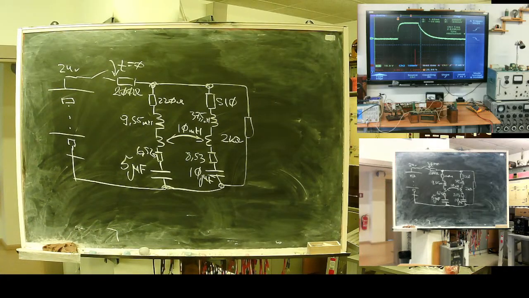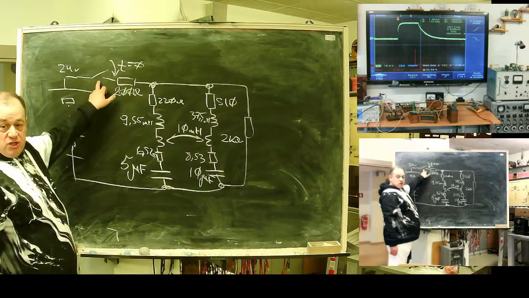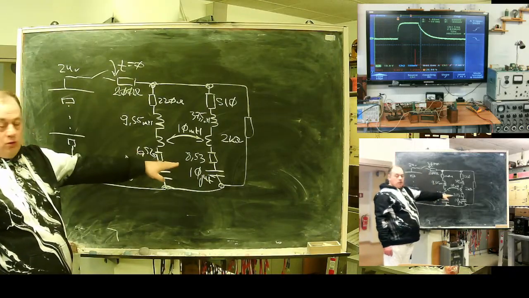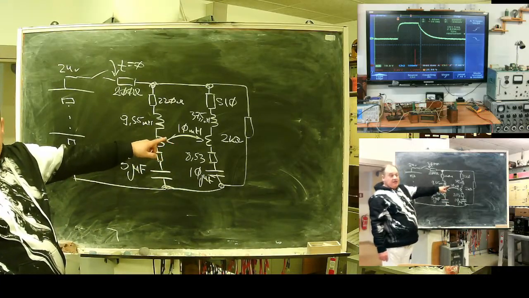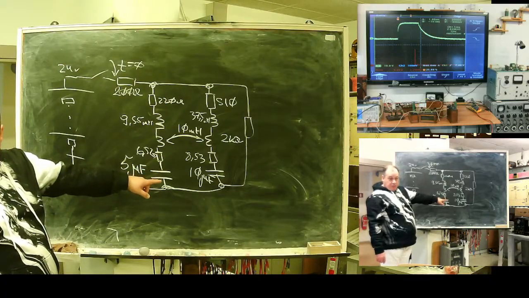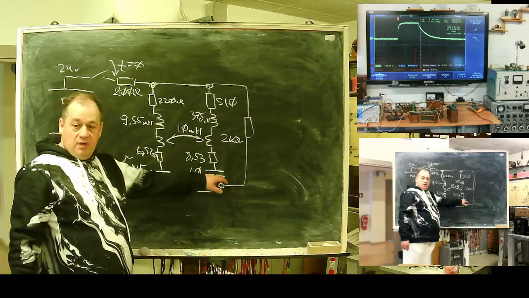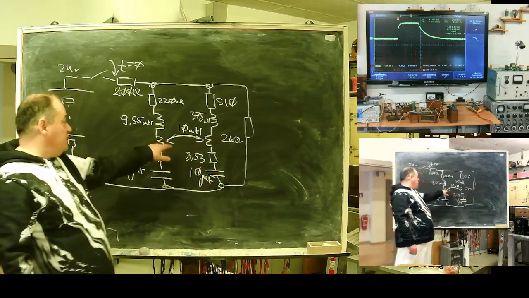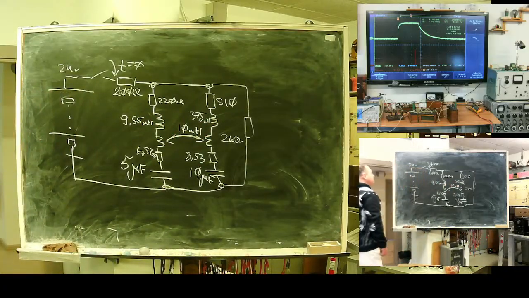First, I have a zero condition. Before the switch is turned on, none of the capacitors is charged, and none of the coils has current. Zero condition. It's for simplicity. So I don't need to care about charges of capacitors and magnetic energy of self-inductance of the coils.